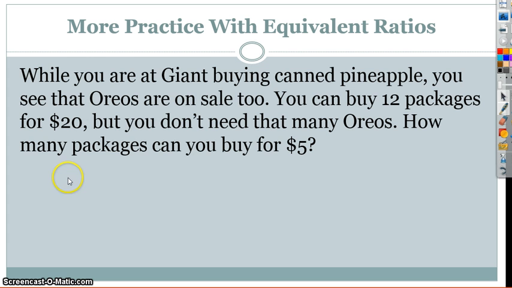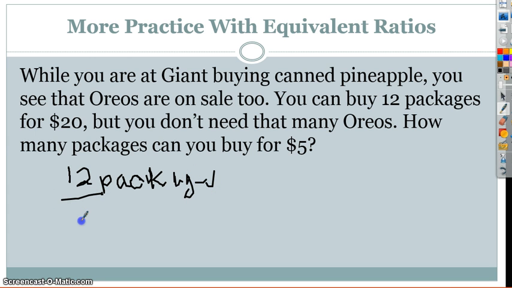And we want to know how many packages we can buy for $5. 12 packages are a lot of Oreos. So we have 12 packages of Oreos for $20. So how many can we buy for $5?